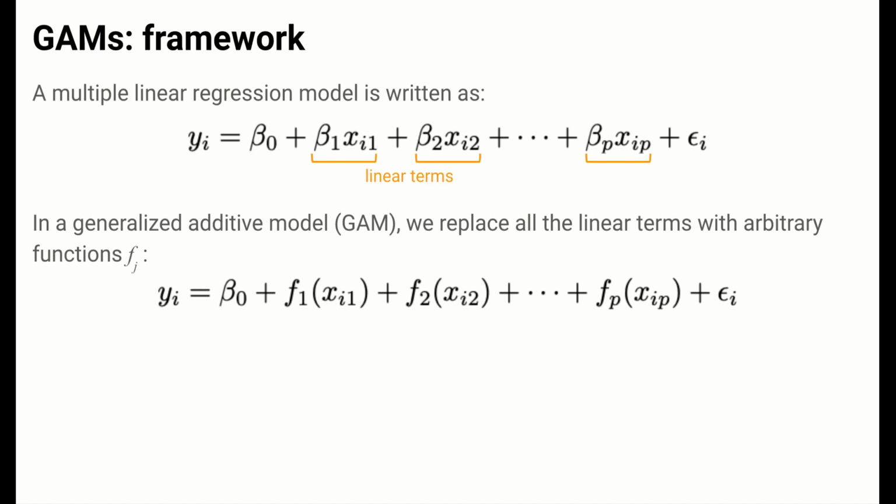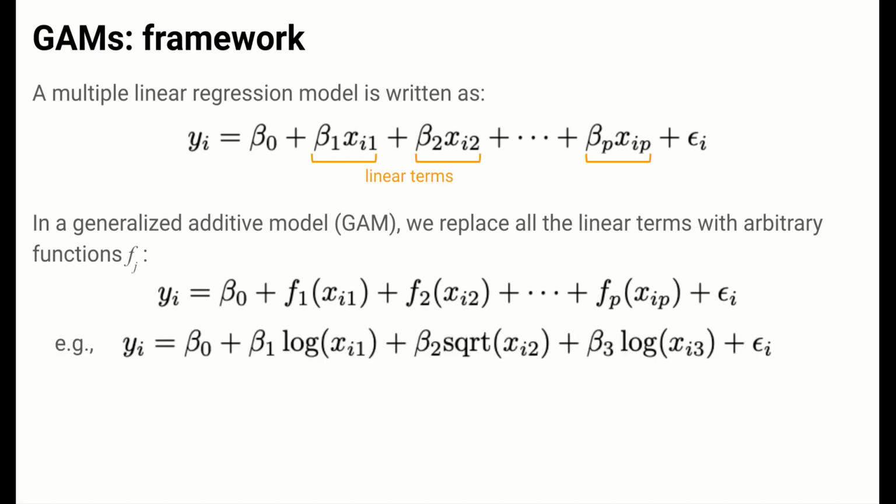Note that a linear regression model is just a special case of a GAM. The arbitrary functions of each predictor are just lines. For example, for a 3-predictor model, f1 could be beta 1 times log of x1, f2 could be beta 2 times square root of x2, and f3 could be beta 3 times log of x3.